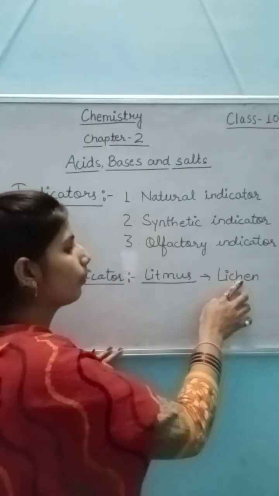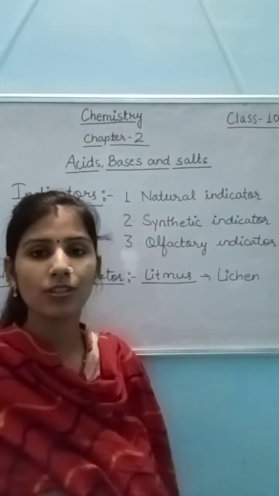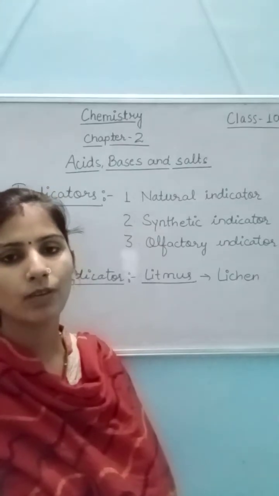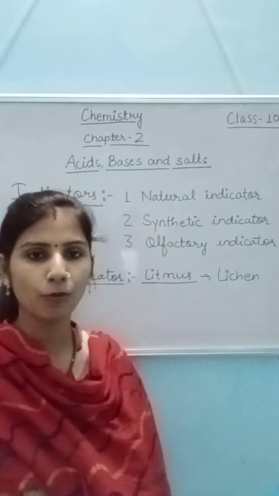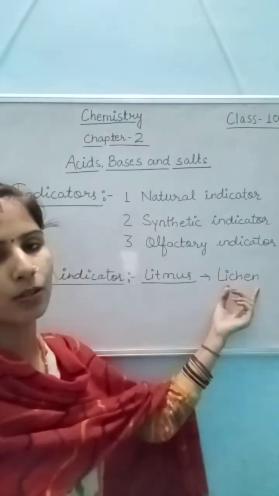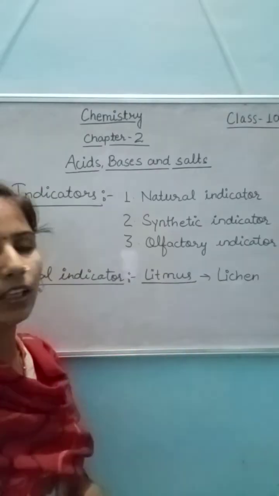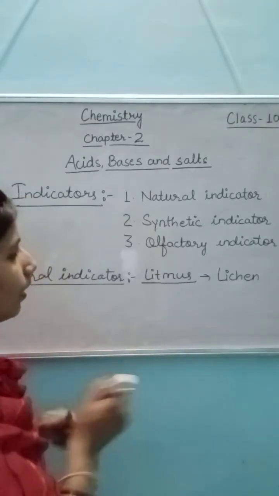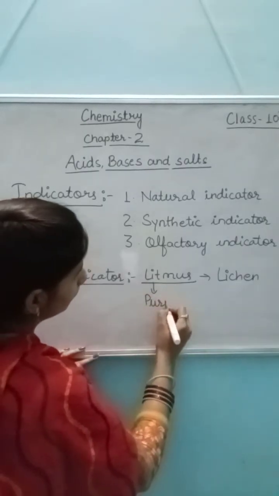Lichen is also a symbiotic association of algae and fungi in which both get mutual benefit. One provides shelter and the other provides food. From lichen we extract litmus. Litmus in natural condition is of purple color.